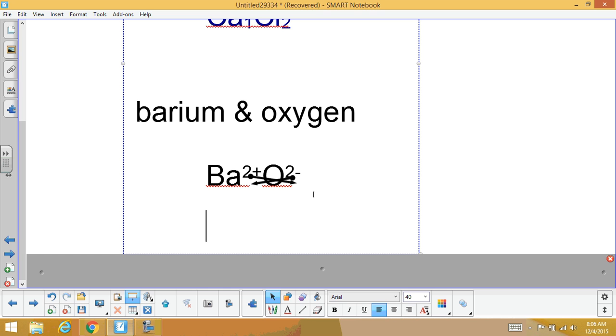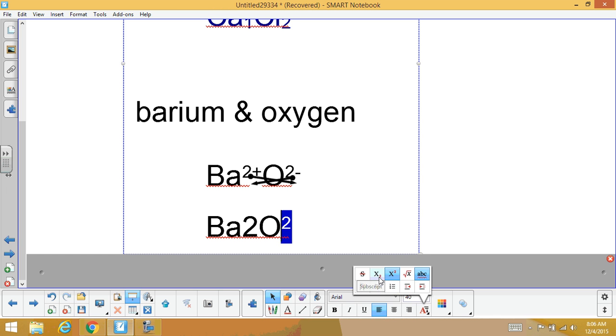And when we rewrite this final formula, Ba2O2, make these little subscripts. Obviously, you guys can do that before I have to actually change it.